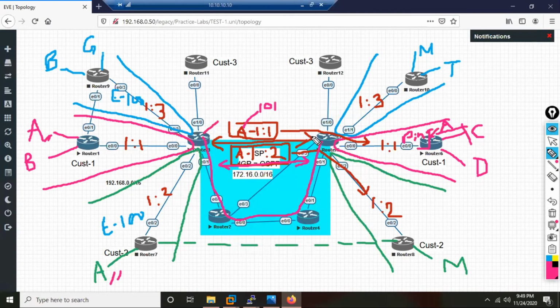So BGP also, like LDP, will exchange the list of labels BGP has generated.